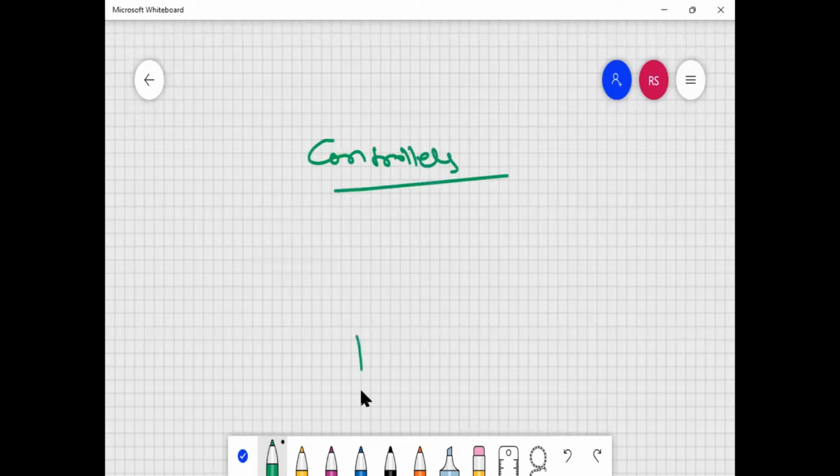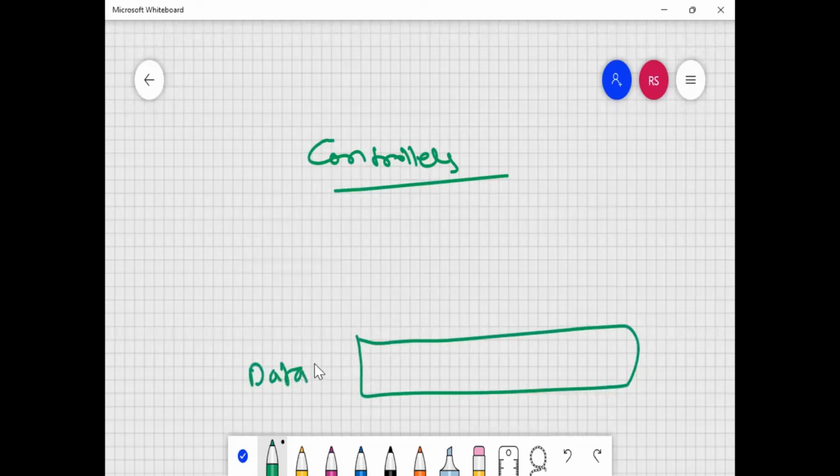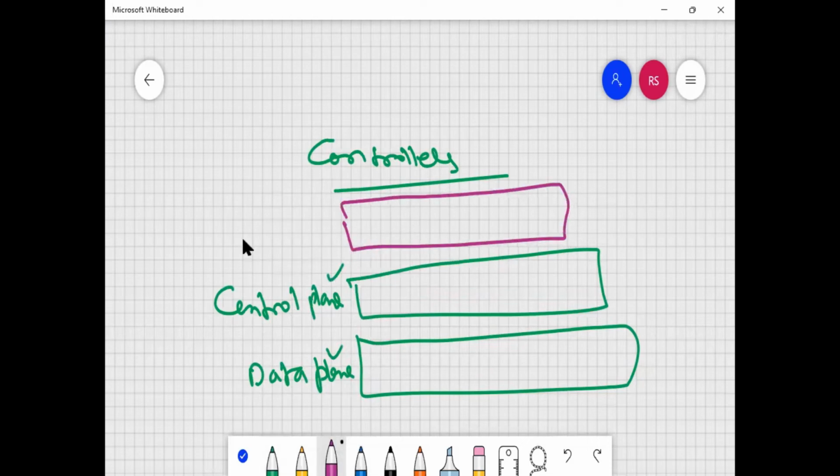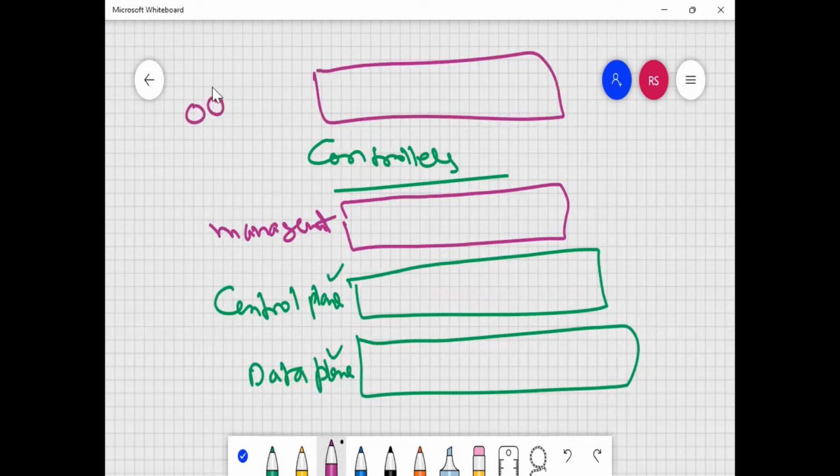So the data plane is now a different layer, and the control plane layer is something very different. Not only that, on top of that we have two more layers: one is the management layer, and one is the orchestration plane.